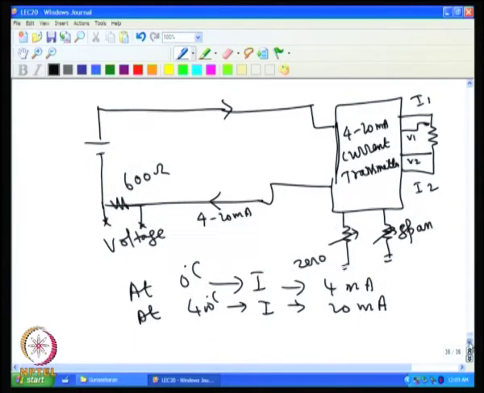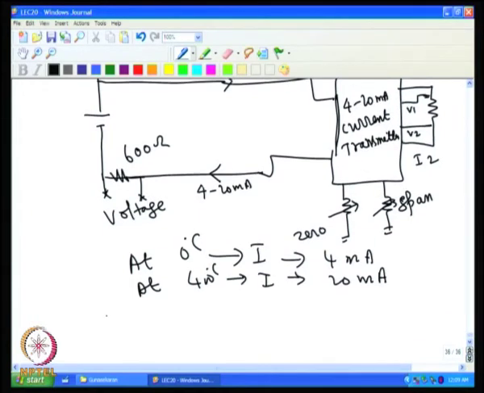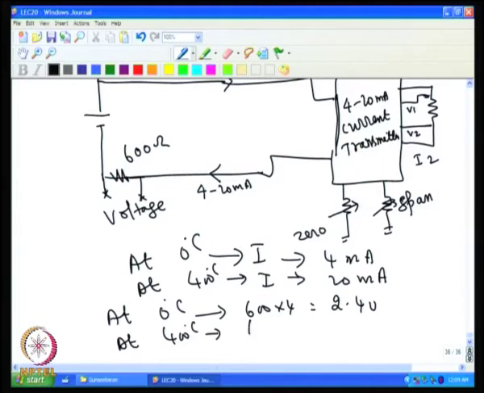So, essentially it means at 0 degree C we will have 600 into 4 milliampere, 2.4 volt. At 400 degree C we will have 600 into 20 milliampere, that will be 12 volt.